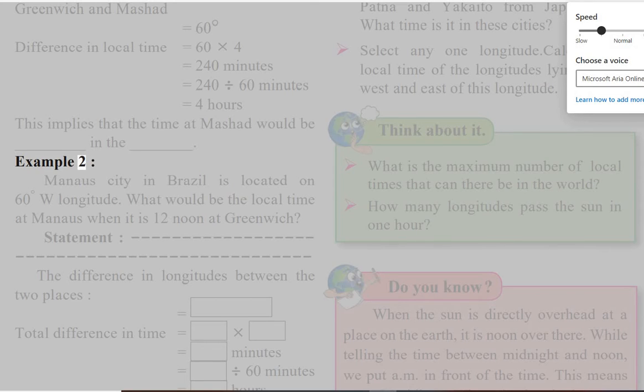Example 2. Manaus City in Brazil is located on 60 degrees W longitude. What would be the local time at Manaus when it is 12 noon at Greenwich?